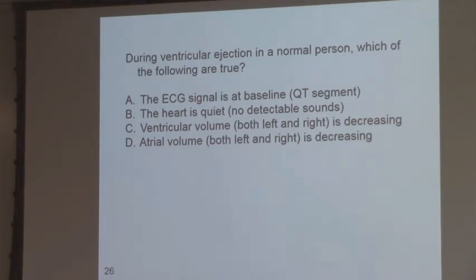Question before we reveal. Questions about the question? Yes, Mike. Did I mean QT? Yes. I'm talking about the QT segment, which is baseline.